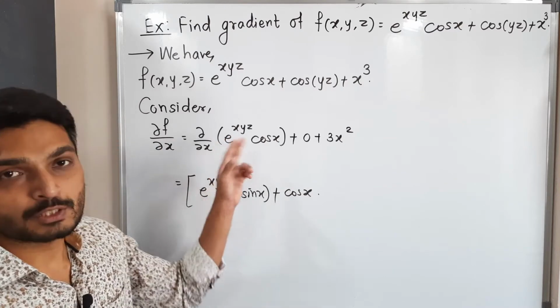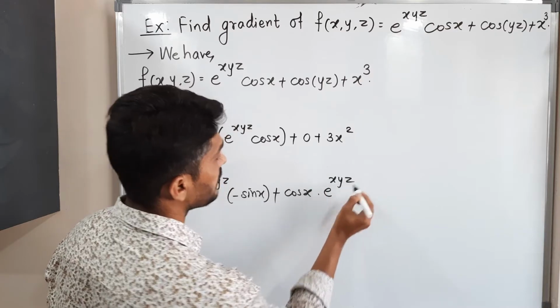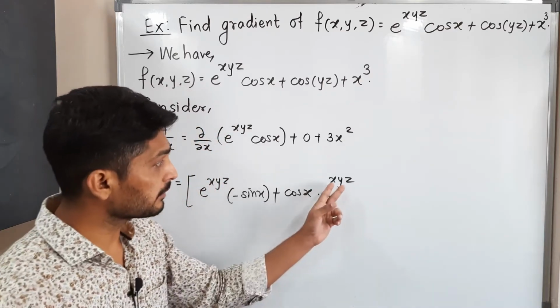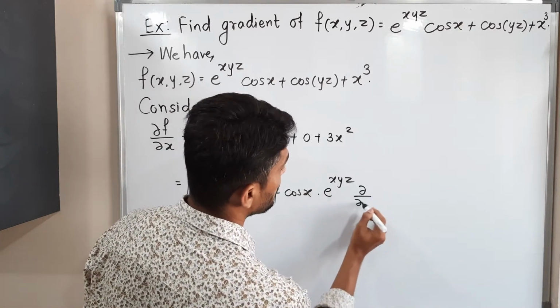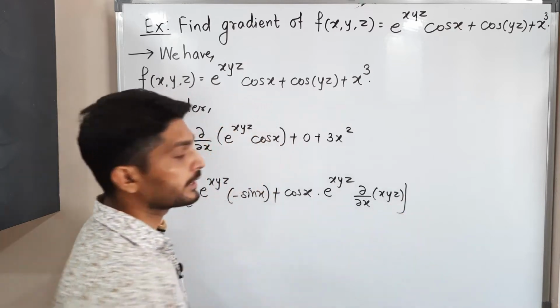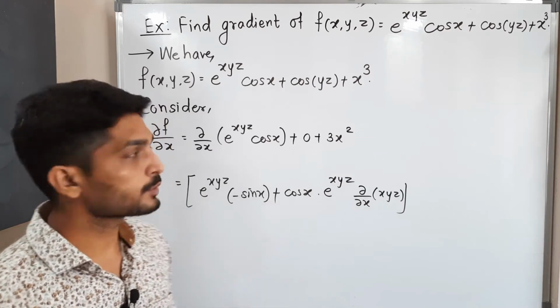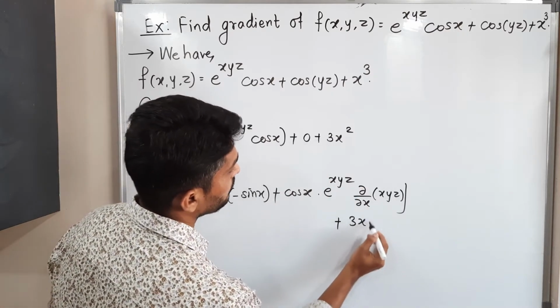The derivative of e raised to xyz is e raised to xyz, since the derivative of an exponential function is the same. But the power is different, so again we have to take the derivative of xyz with respect to x. We call it the chain rule. So again I have taken the derivative of xyz, plus 3x square.